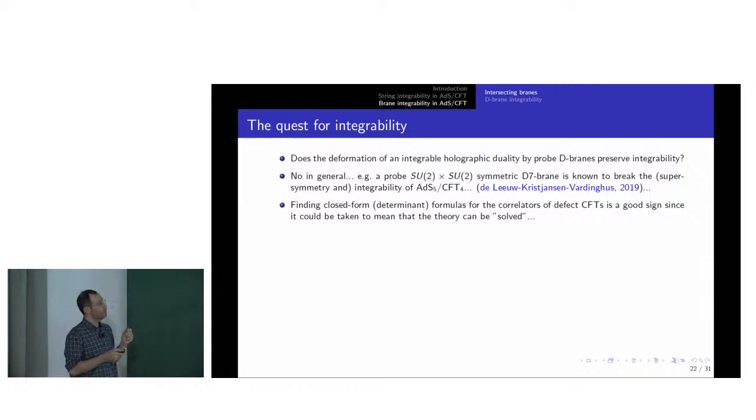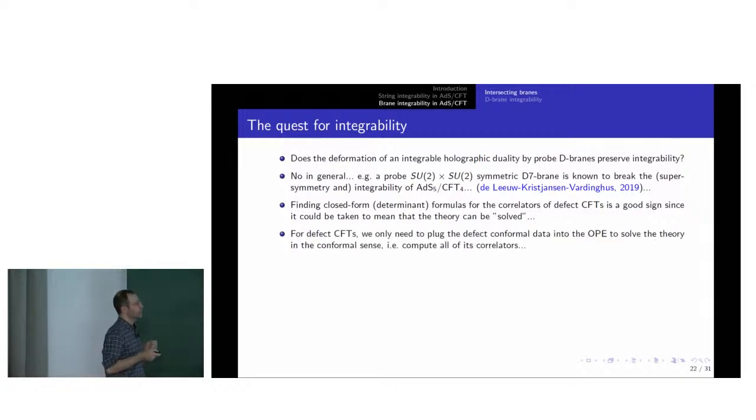They go after the fact that people have already worked out closed form determinant formulas. One can use the conformal data to solve the theory.